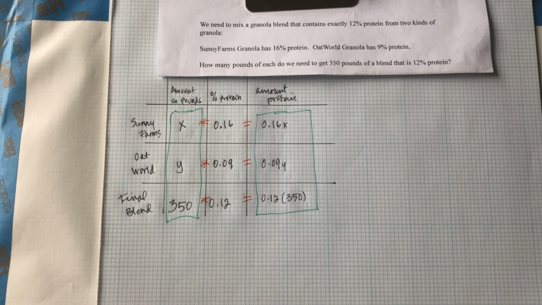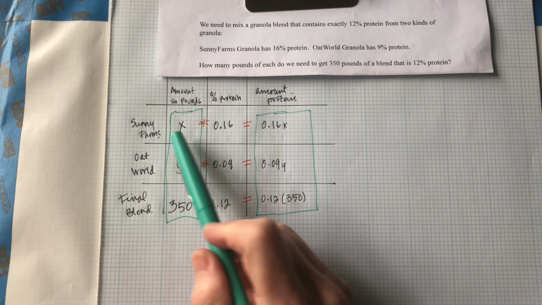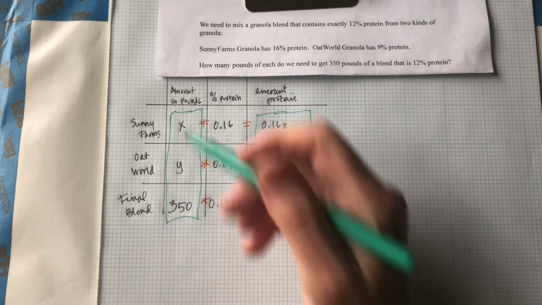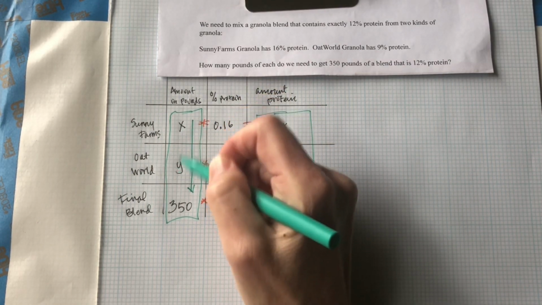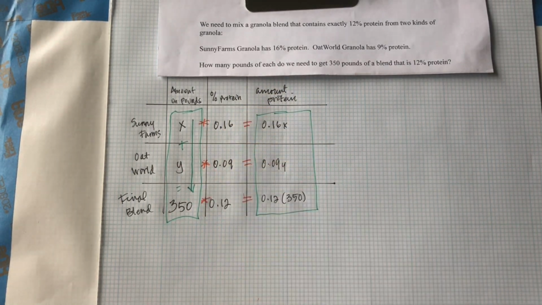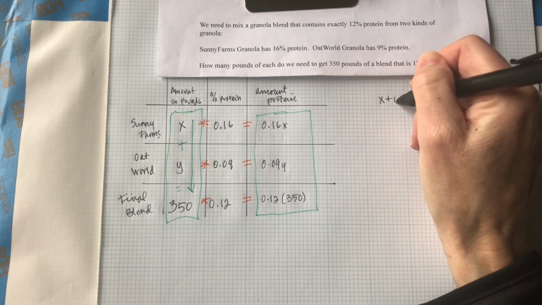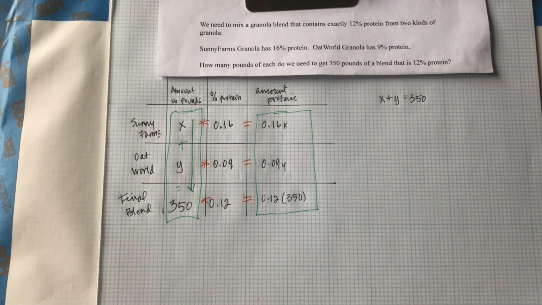So let's think about this. We know we need some number of pounds, x, of this type of granola and some other number of pounds, y, of that type of granola to total up to 350, right? So what is that? That's going to be x plus y equals 350. So we can write that over here. So that's one of our equations.